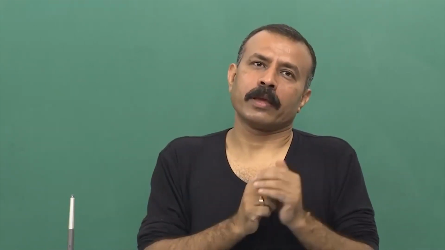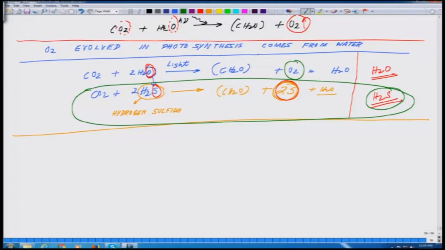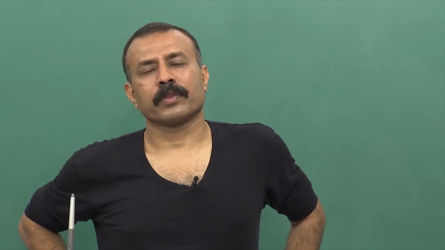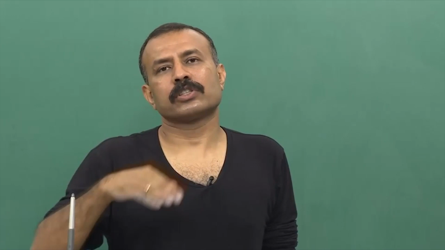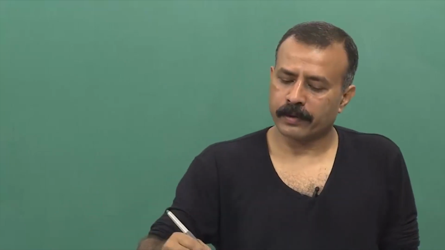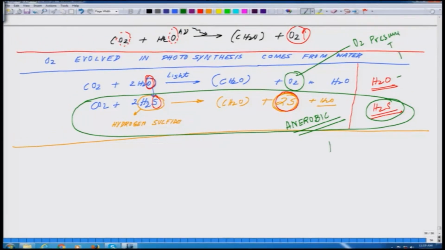What nature did not anticipate, or maybe it did, we do not know, is that the outcome of it would be the evolution of oxygen, and that was a turning point. Earlier, this was a world which was anaerobic, and all the organisms surviving were adapted to survive in the absence of oxygen. But with evolving oxygen, most of the anaerobic species present on the floor of earth slowly started getting extinct, because they could not withstand the oxygen pressure or oxygen tension.